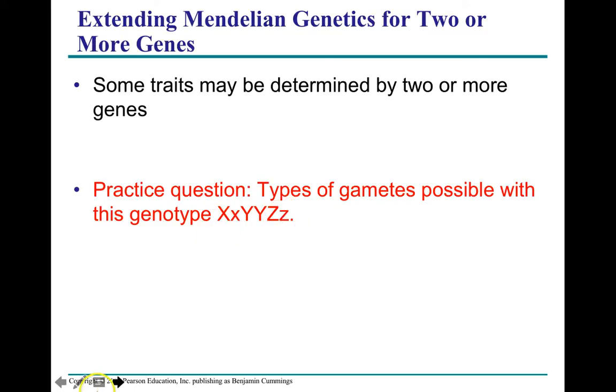In this case, these are the three characters. Three characters are given. Let's say this is hair color, this is eye color, this is nose shape.